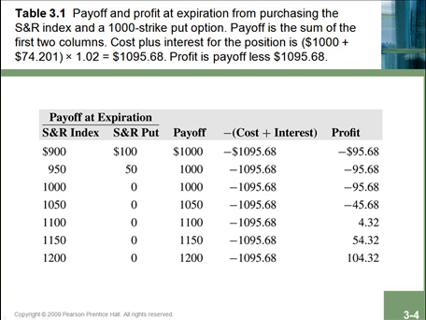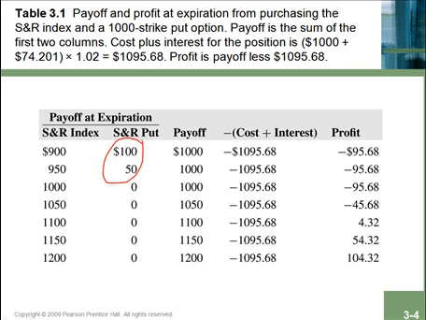Remember that if the underlying index ends up with a value less than that strike price, that is, less than that $1,000, then the option ends up being in the money. We're talking about these cases right here, these cases where the value of the index dips below $1,000, and if you had not bought the put option, you would have ended up losing more money.